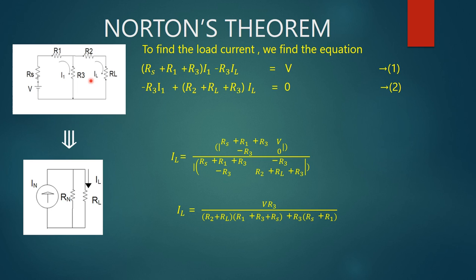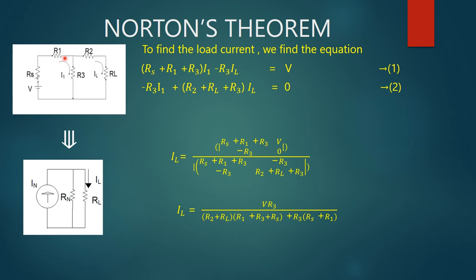That means the current through the load resistance RL in a complicated network is equal to the current through the load resistance when we consider Norton's equivalent circuit, that is, the same.